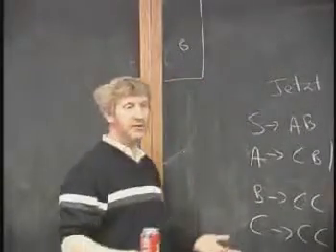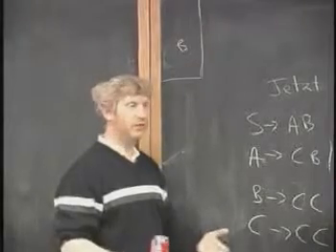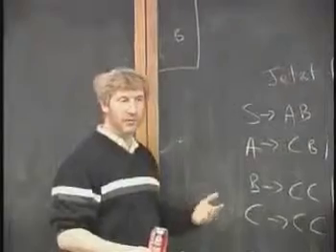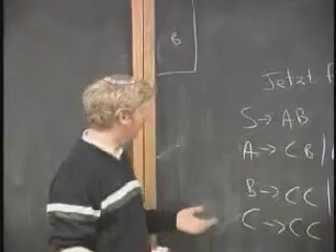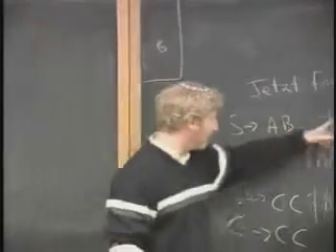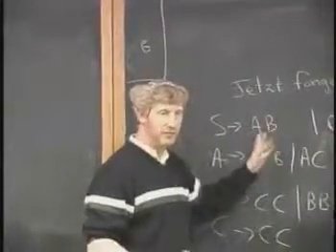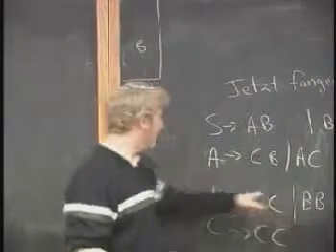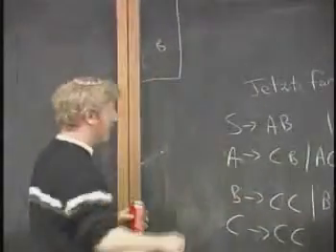Those are the only ways to get terminal strings, either terminal strings directly or B's, because B's were the only way to get terminal strings in the initial step. So are there any productions that have just terminal things or B's? Not this, because that has C's and A's in it. It's got to be just B's and terminal strings. Just this one. So I add B to my list. Oh, it's already there.